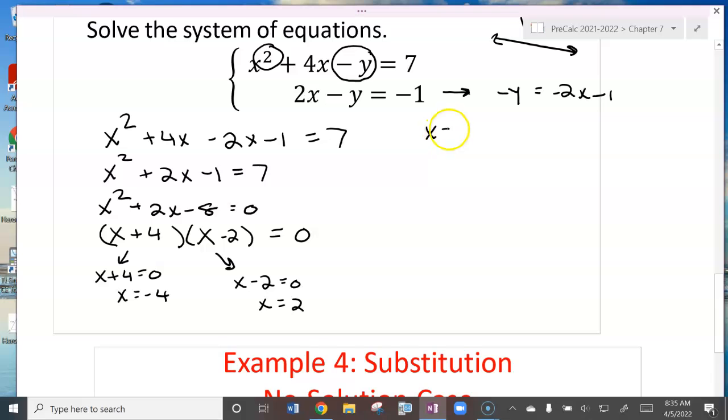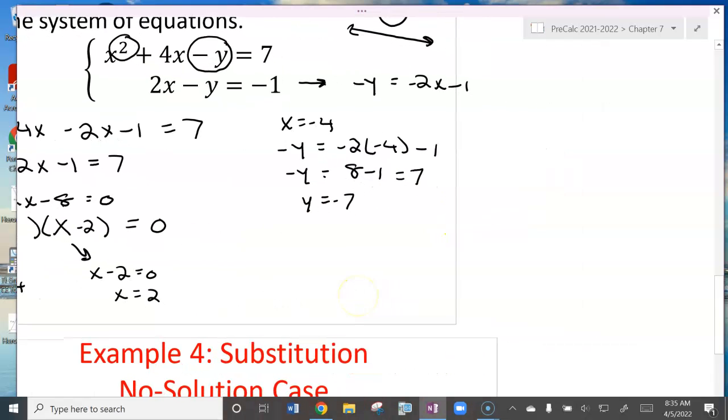For x equals negative 4, I have negative y equals negative 2 times negative 4 minus 1. Negative y equals 8 minus 1, which is 7, so y equals negative 7. So the answer for that case as an ordered pair is negative 4, negative 7.